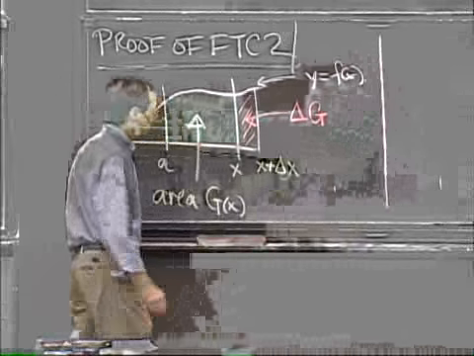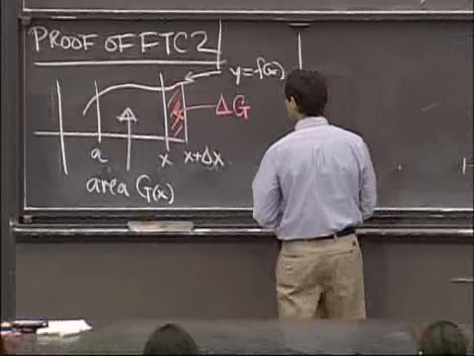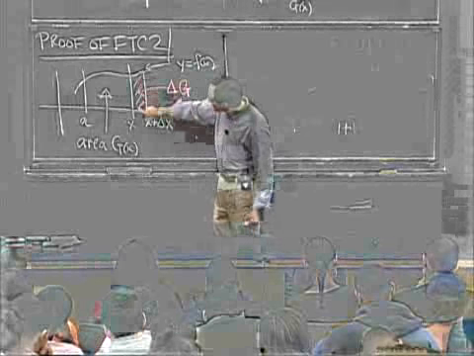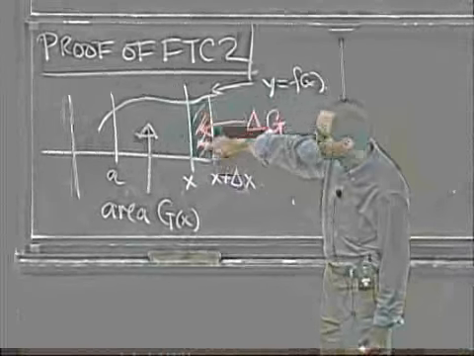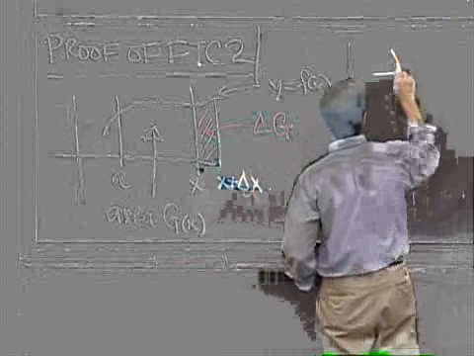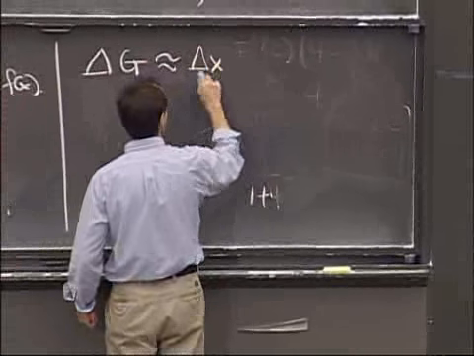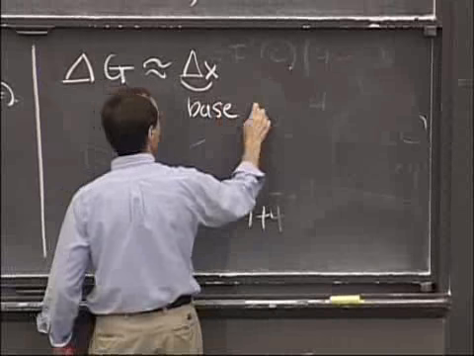And now I just am going to carry out a pretty standard estimation here. This is practically a rectangle, and it's got a base of delta x, and so we need to figure out what its height is. This is delta g, and it's approximately its base times its height.